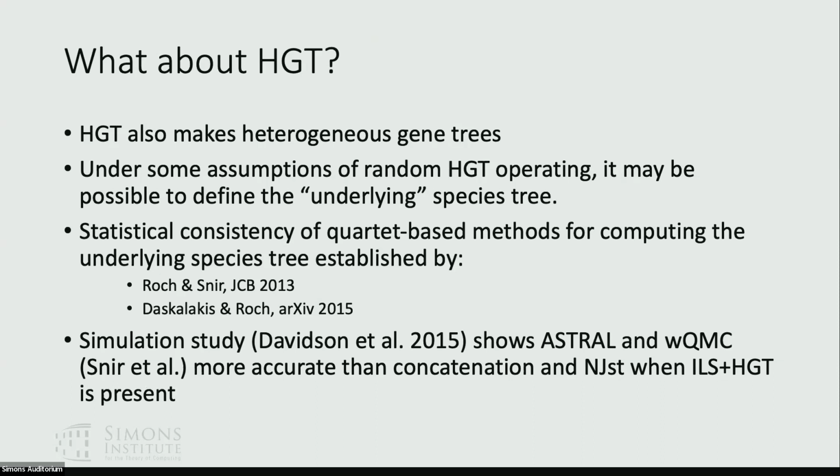We also did a simulation and showed that quartet-based methods like Astral were more accurate than concatenation. So we got this over and over again: quartet methods can give you good results. It's not true under every model of gene tree discordance, but under multiple models.